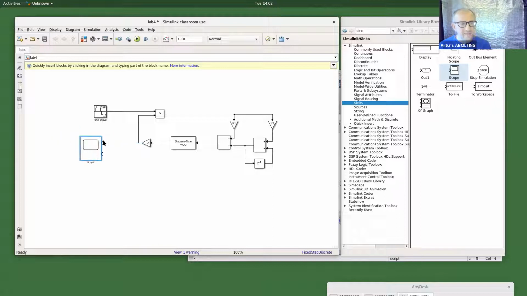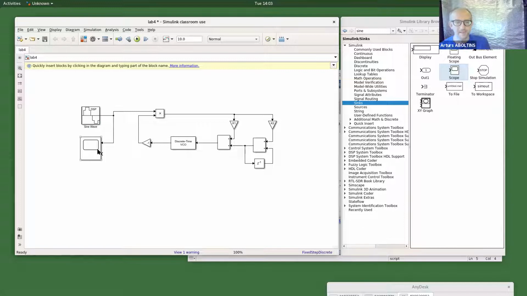And here we will connect this reference signal, because we will compare with the output from the PLL. But because the PLL generates a 90-degree shifted signal compared to the reference, we will need some phase shifter here to shift the phase by 90 degrees.